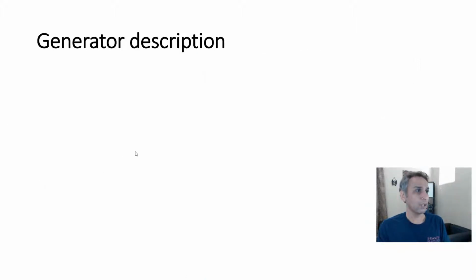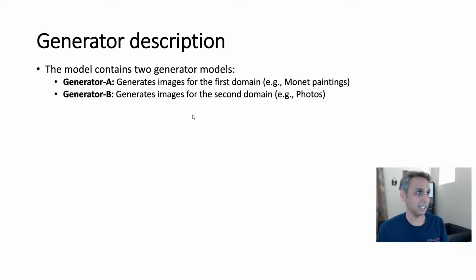Now let's move on to the generator, because this is the more complicated one in this model. There are 2 generators. Generator A generates images for the first domain. For example, our first domain is Monet and the second domain is actual photos. So generator A generates Monet paintings, and generator B generates photos, because we are trying to generate the paintings and also photos here.